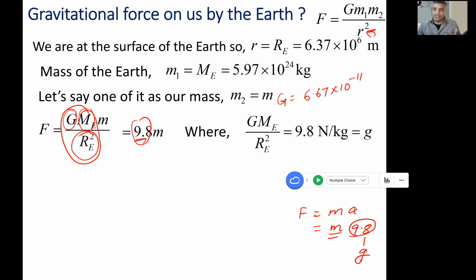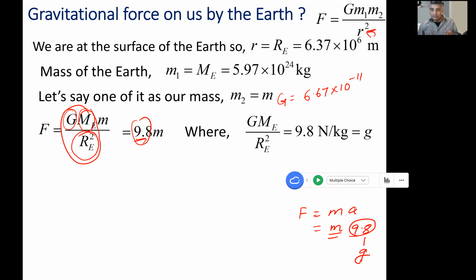That doesn't mean it's not there. Theoretically, yes, there is. Practically, it's not noticeable. So that means it applies everywhere, not just in space. Anywhere, between any two masses. Between a mass here and the moon, there is a force. But that force becomes really, really small.